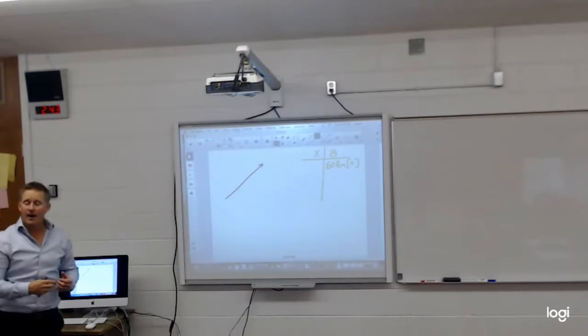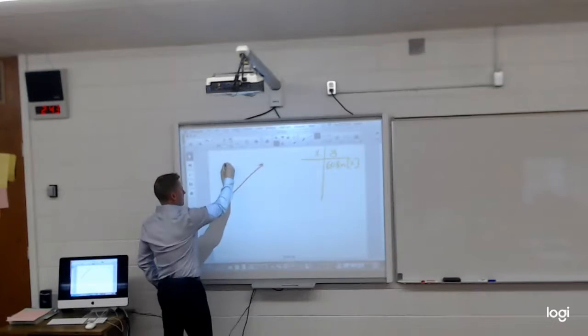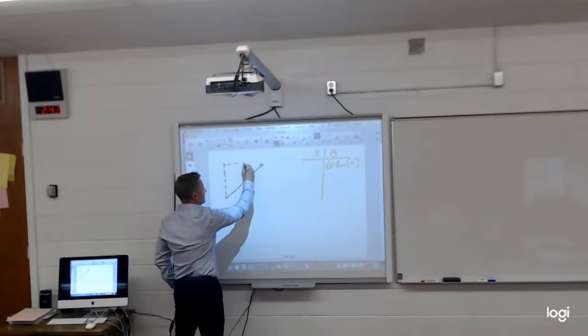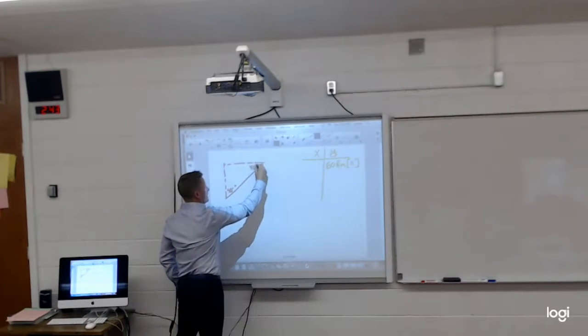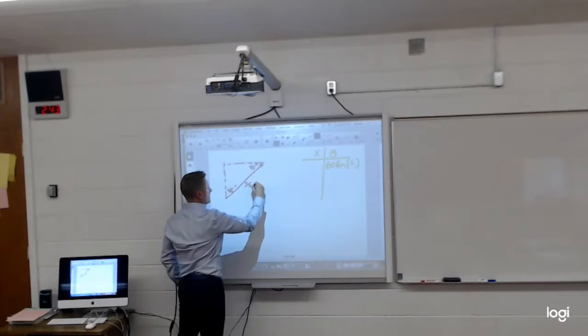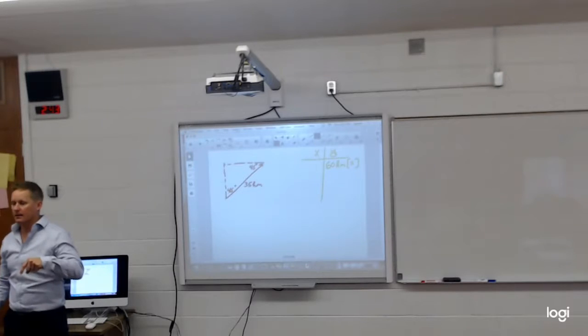So we need to find out what each of those components is. So this is what I was alluding to just a second ago. I know this is 45 degrees right here. This is 45 right here. And it was 35 kilometers, correct? So I need to find out how much north that is and how much east it is.